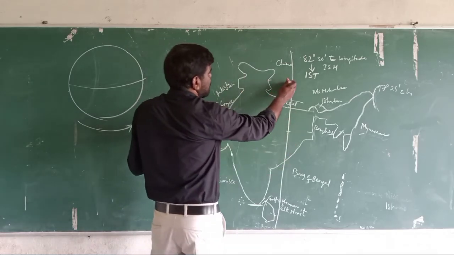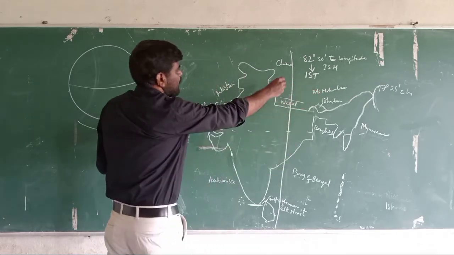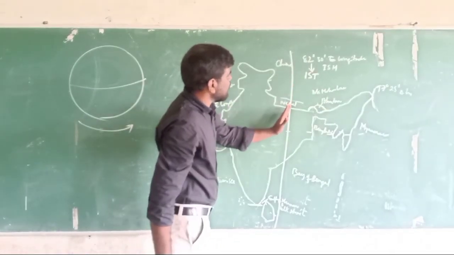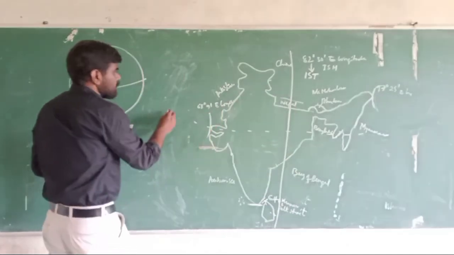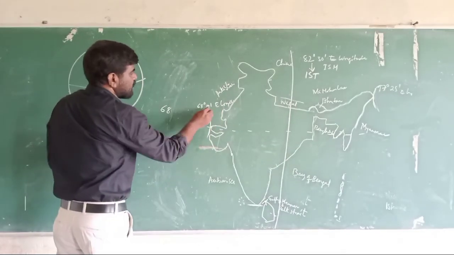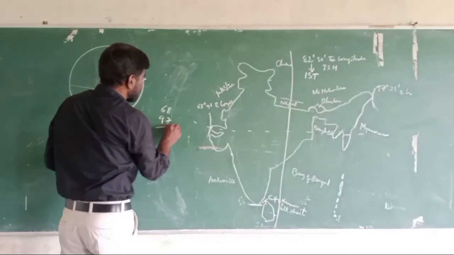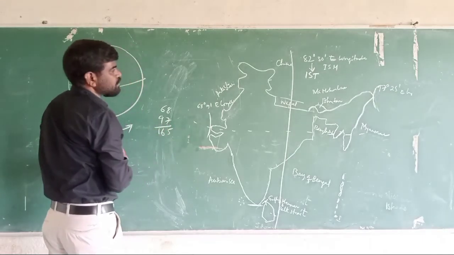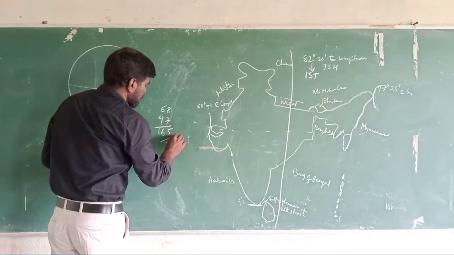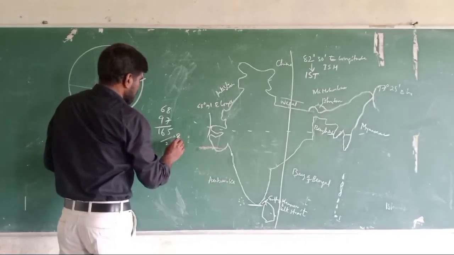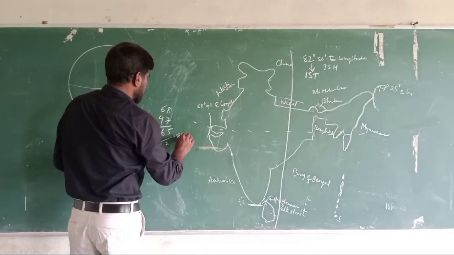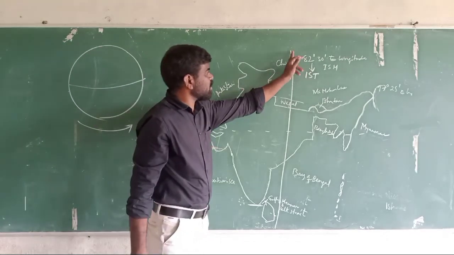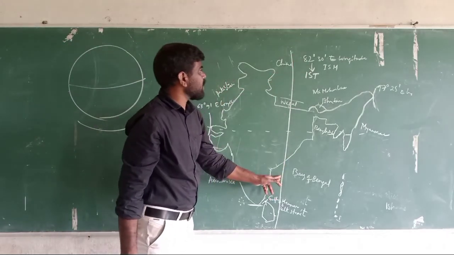Let us calculate why 82 degrees 30 minutes east longitude has been taken as India's standard time. That is 68 degrees plus 97 degrees, 165. Half of 165 is 82.5, that is 82 degrees 30 minutes as India's standard meridian.